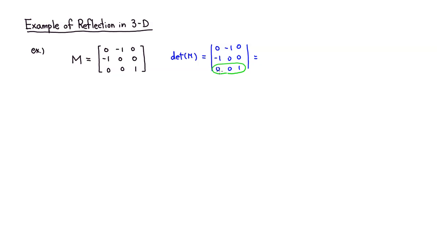So it's 0 times anything, 0, minus 0 times anything, 0, plus 1 times the submatrix 0, -1, -1, 0. So it's going to be 0 times 0 minus -1 times -1, which is -1. That tells you it's going to be a reflection.